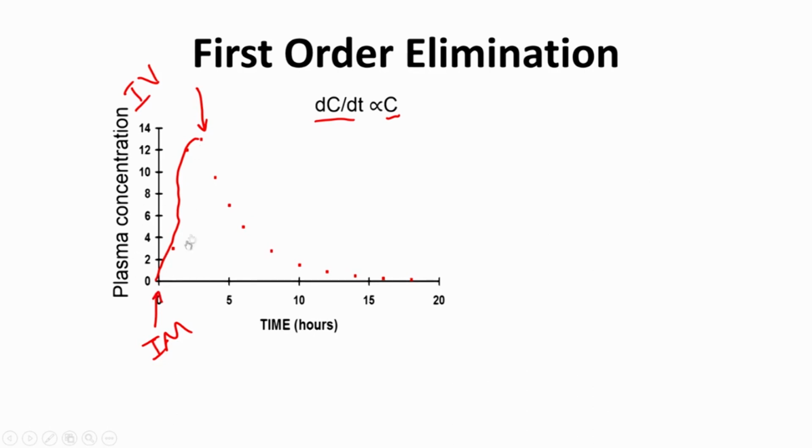So, there is really no more drug coming from the depot that we had created intramuscularly, and since the rate of elimination is proportional to the concentration, and the concentration is highest here, the rate is very fast here. But as the drug concentration in the plasma decreases, the rate of elimination becomes slower and slower. So, we get a curve something like this, and we have to express it mathematically.